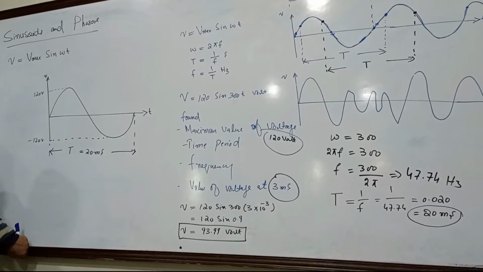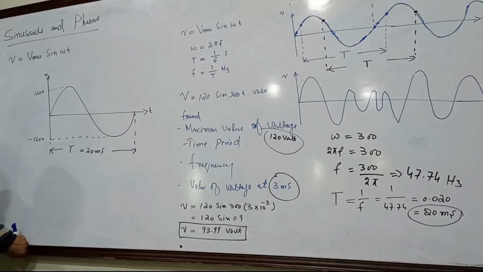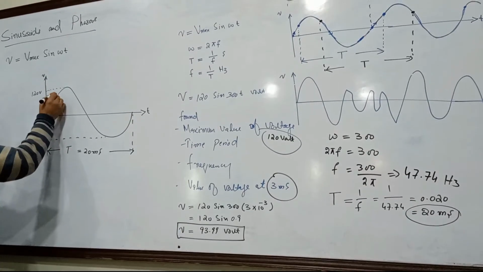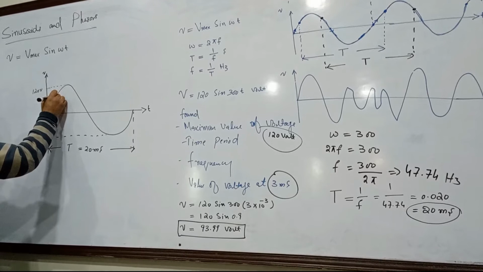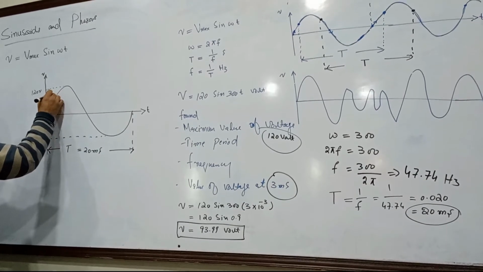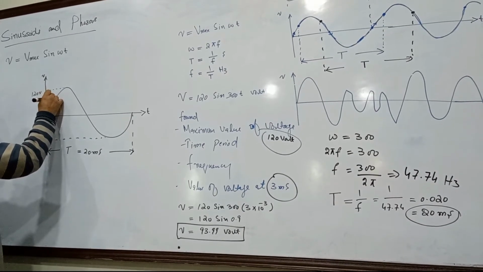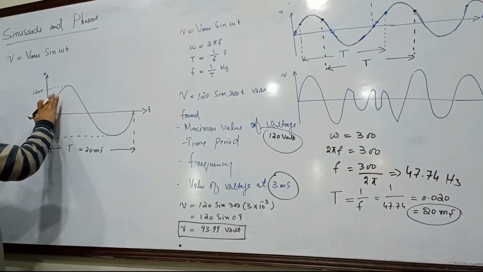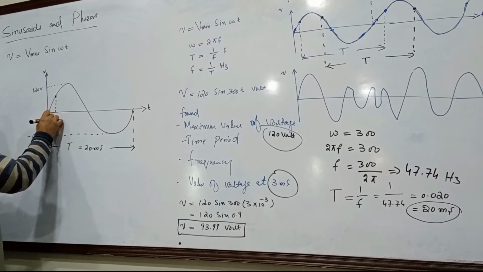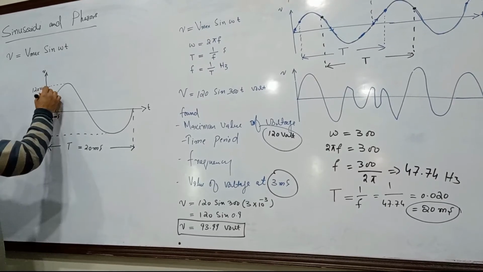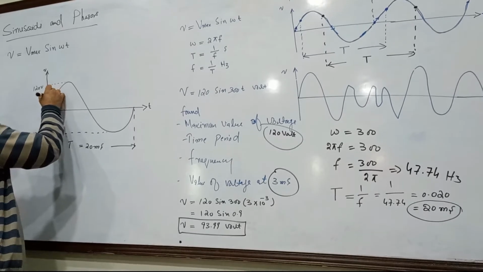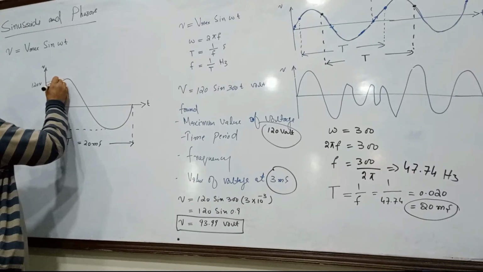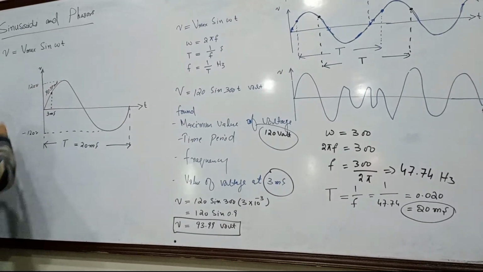After that, we calculate the value of this, something like over here, at 3 millisecond. For example, at 3 millisecond, the value for that was 93.99 for this instant.